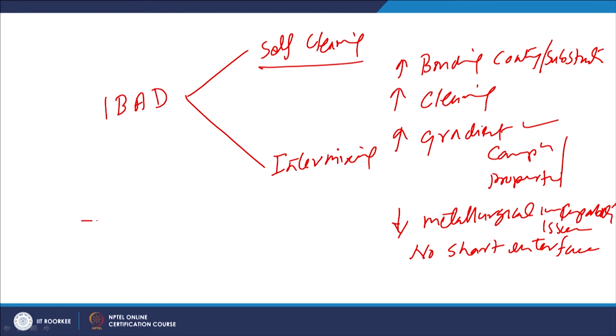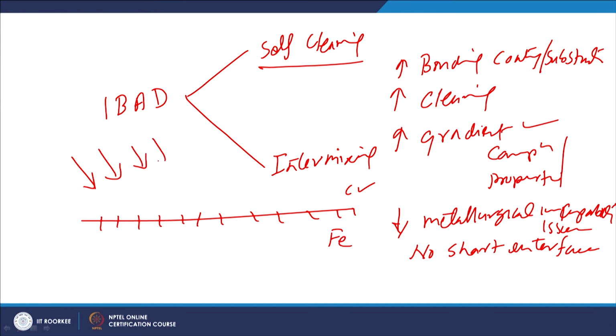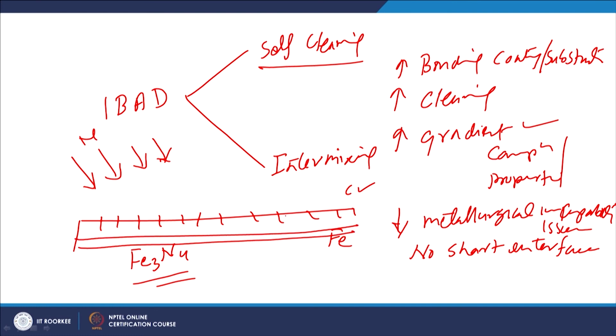For example, if we have deposited a particular element like chromium over the surface of the steel, and then the ion beam is applied using nitrogen, then we will get extremely good mixing of the iron nitride Fe3N4, and the concentration will obviously be gradual, less at the subsurface and more at the surface region.